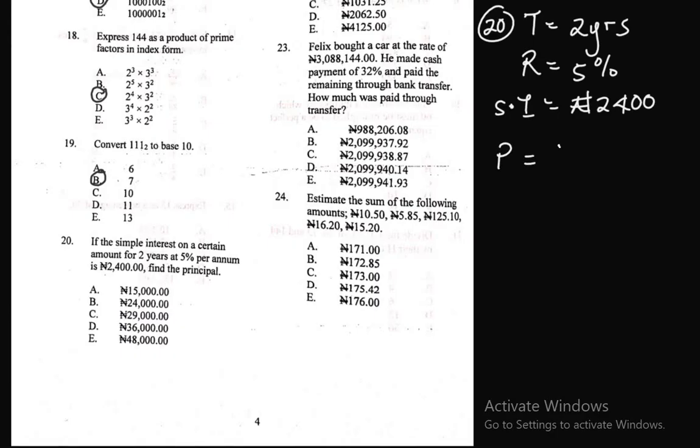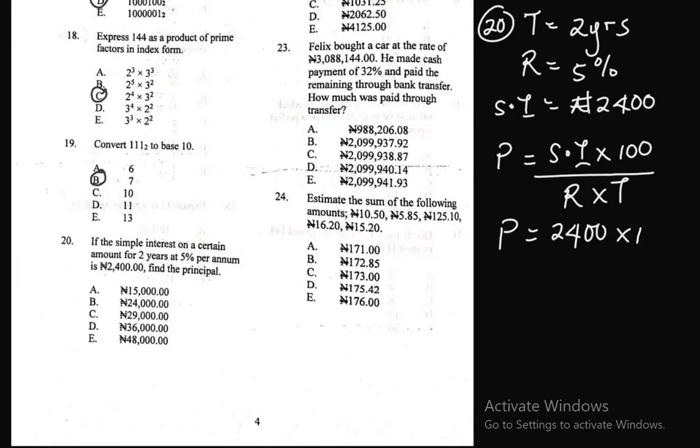Principal P is simple interest times 100 divided by rate times time. So P will be the simple interest, which is 2,400 times 100.